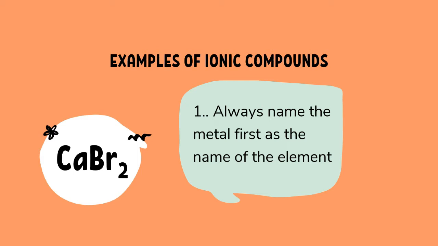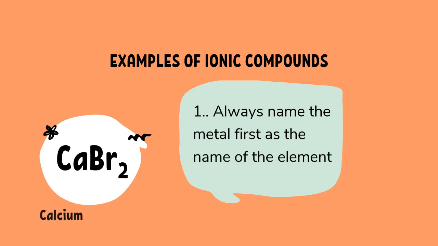In this first rule, we need to name the metal first, based on the name of that element in the periodic table. So the first element here is calcium, which is our metal. Whatever the name of this element is in the periodic table, we just copy it.